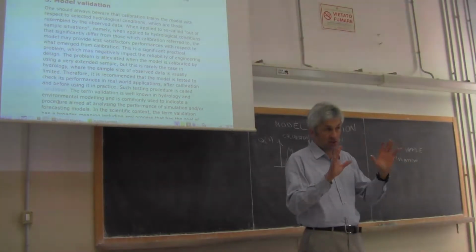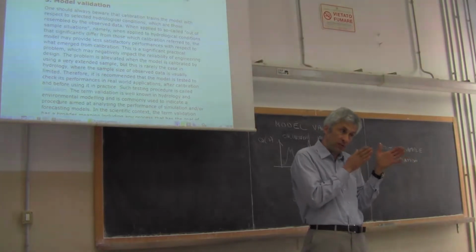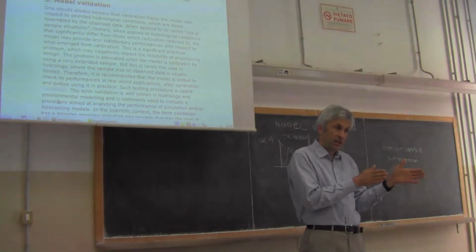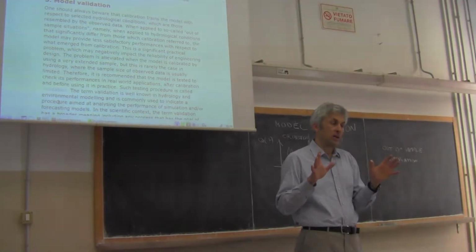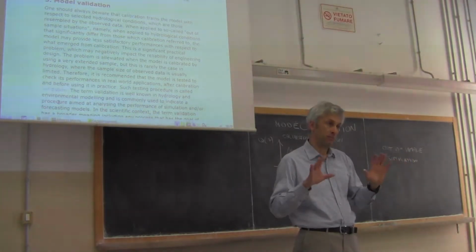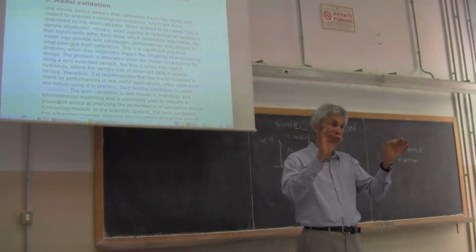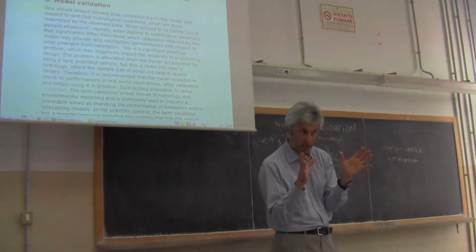Let's try, just for the sake of making this experiment, to use only half of the data to calibrate the model and to use the other half to check it. I prove to you that the model works well in and out of sample. And then you can use your model, but with the parameters calibrated on the full sample. Is this clear?